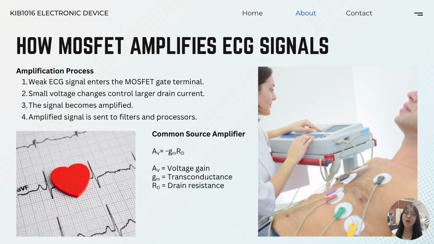One common amplifier configuration used is the common source amplifier, which provides voltage gain for signal amplification. This amplified signal can then be processed more accurately by biomedical monitoring systems.